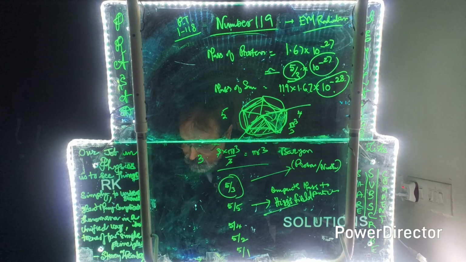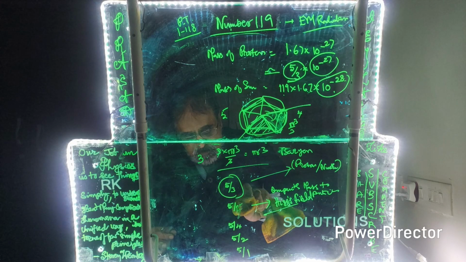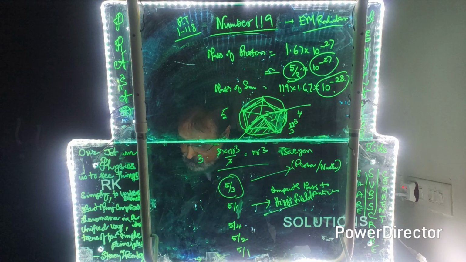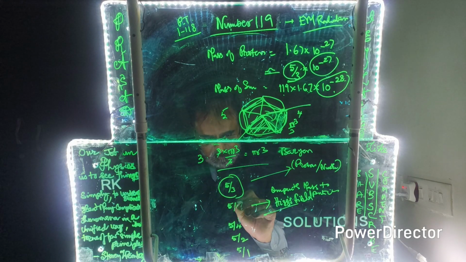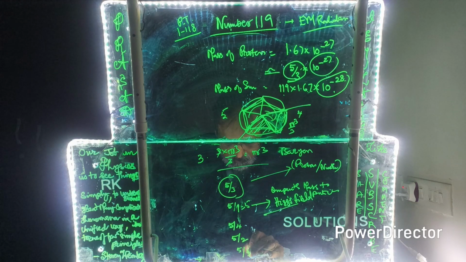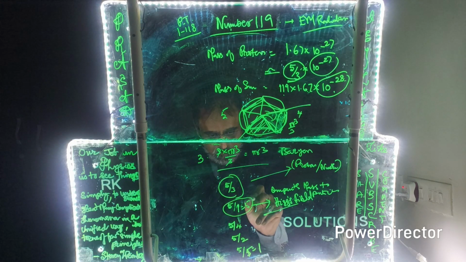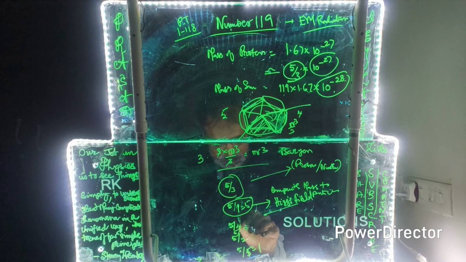Sorry, this should be 5 by 1 equal to 5, and this should be 5 by 5, which is 1. Right? So instead of just 5 by 1, where is the 5 by 3? 5 by 3 was here. Yeah, it's on here.